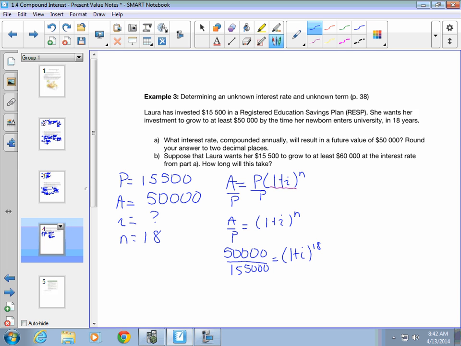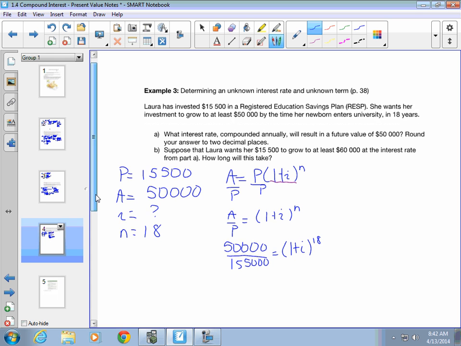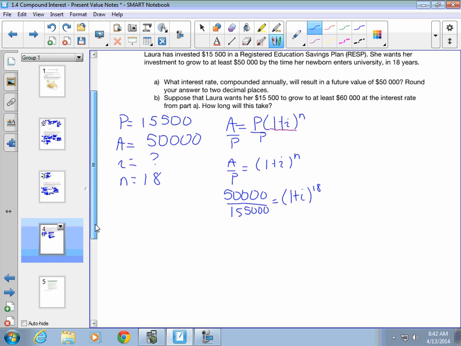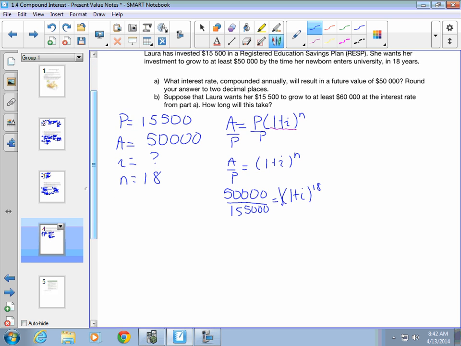So to solve for this, we're going to need to 18th root this side, 18th root that side. So that's going to cancel. And if you did 50,000 divided by 15,500, and then do your root, on the graphing calculators, where is the button on here?